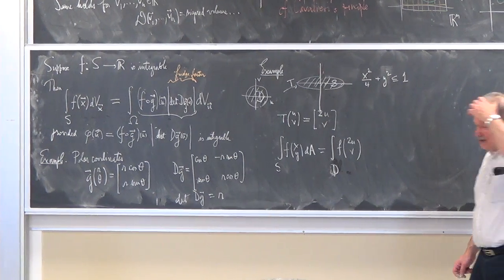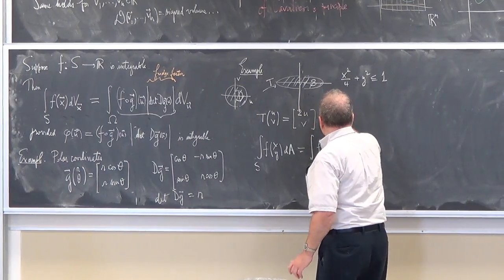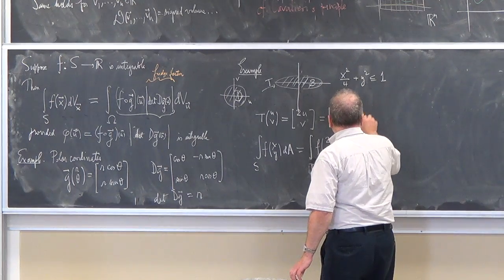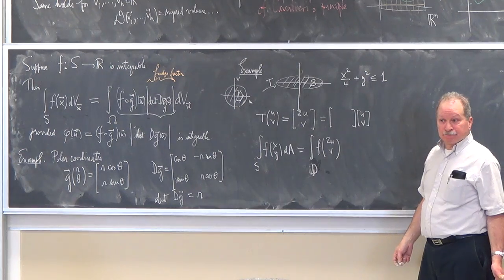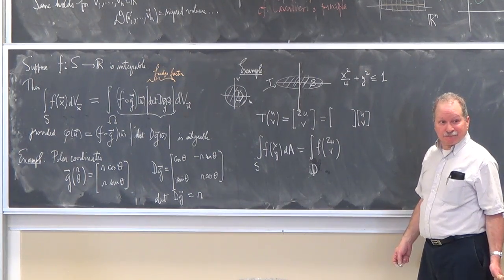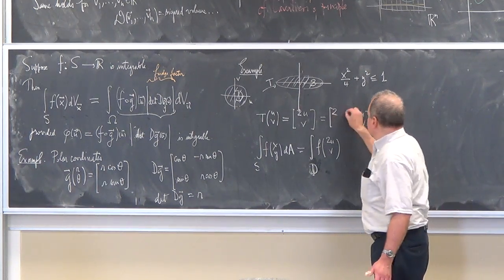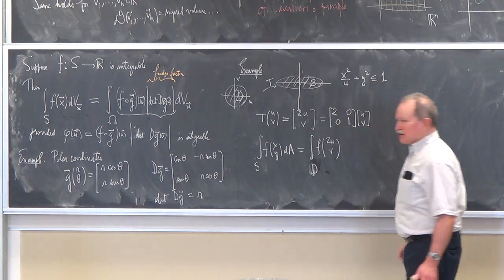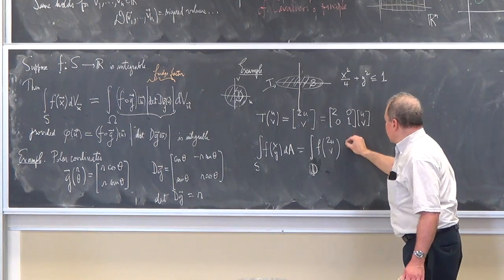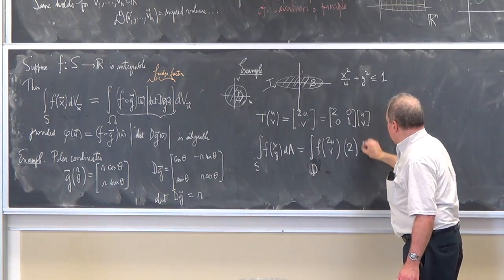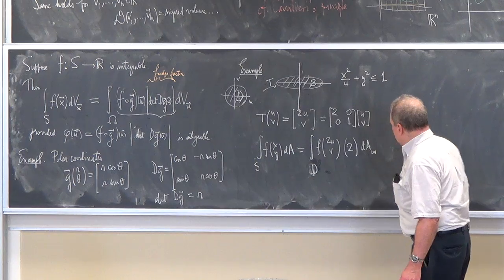What is this matrix that gives the linear map? 2, 0, 0, 1. What's the absolute value of the determinant? 2. So you would get 2 as your fudge factor, and then you would have dA in the uv plane here.